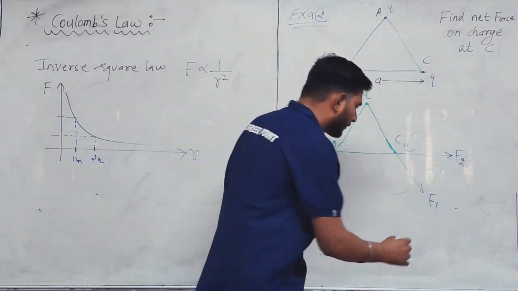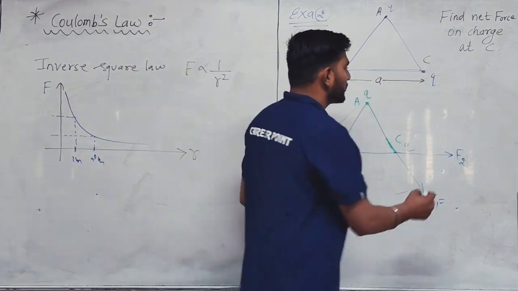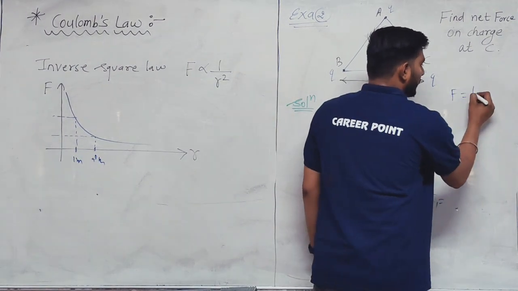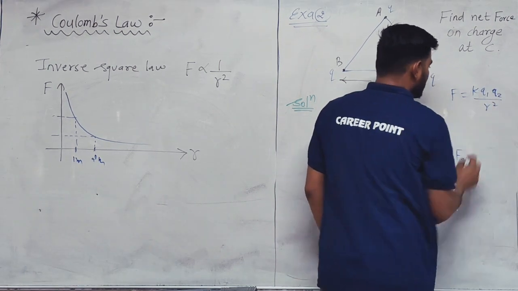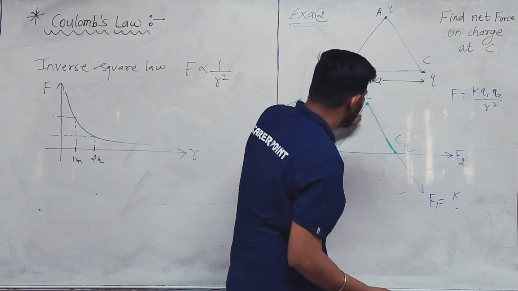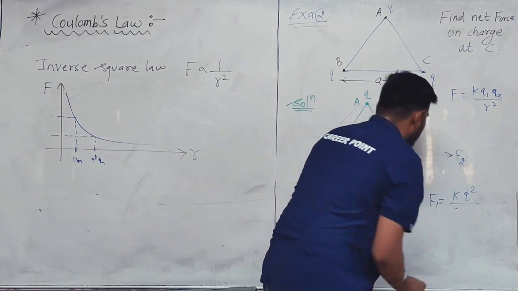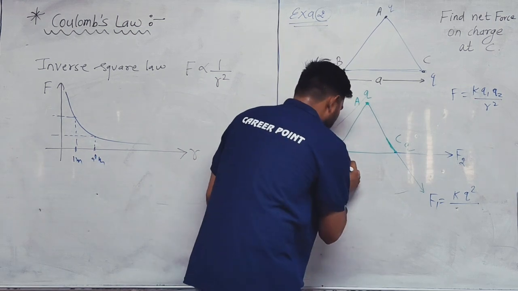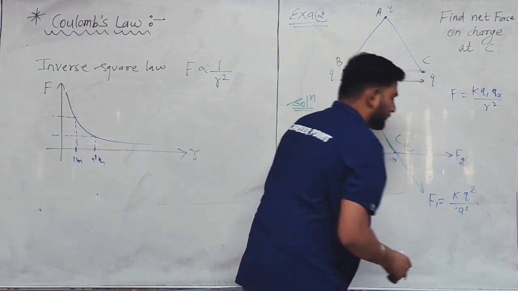What is F1? We know the force between two charges is K Q1 Q2 by R square, where R is the separation. Q1 is Q, Q2 is also Q. So I can say K Q square by the separation, which is given as A, so A square.